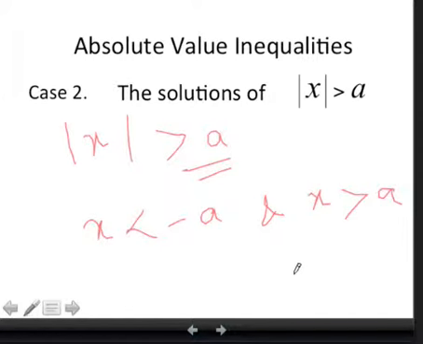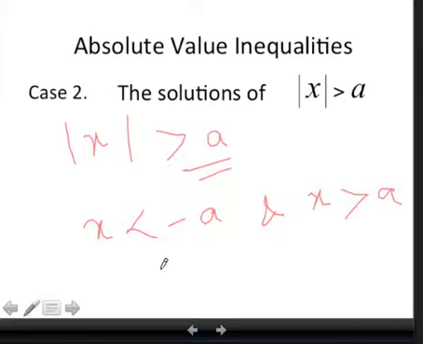Remember, we need the distance of x from 0 to be greater than the value a. So if you take negative a and a, x less than negative a goes to this side of things, x greater than a goes to this side.